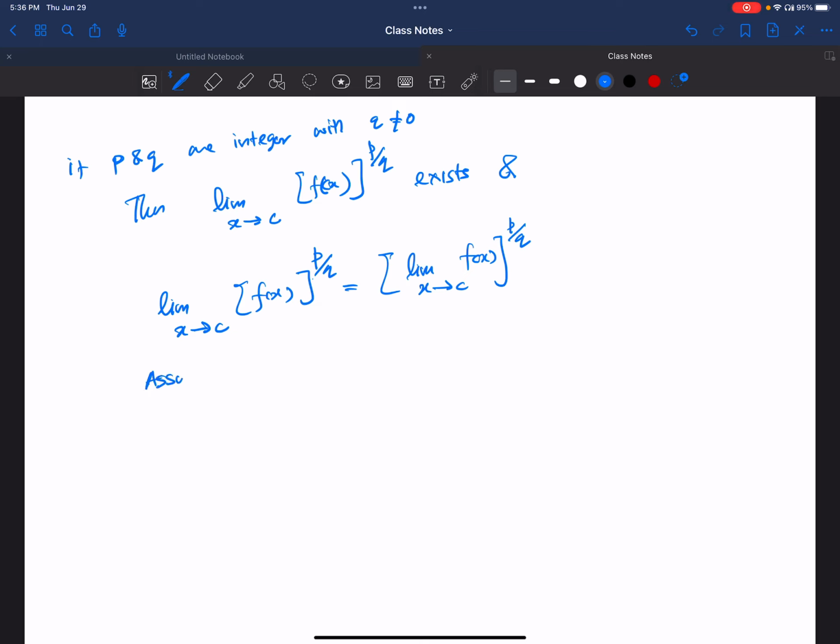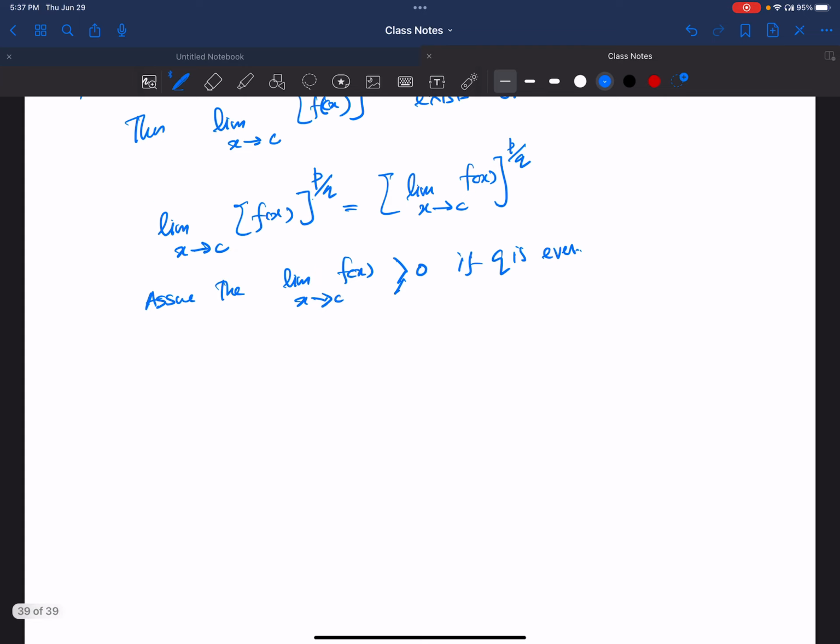We assume that the limit as x goes to c of f of x is greater than or equal to 0 if q is even, and that the limit as x goes to c of f of x is not equal to 0 if p over q is less than 0, because it's going to be a quotient function in that case.